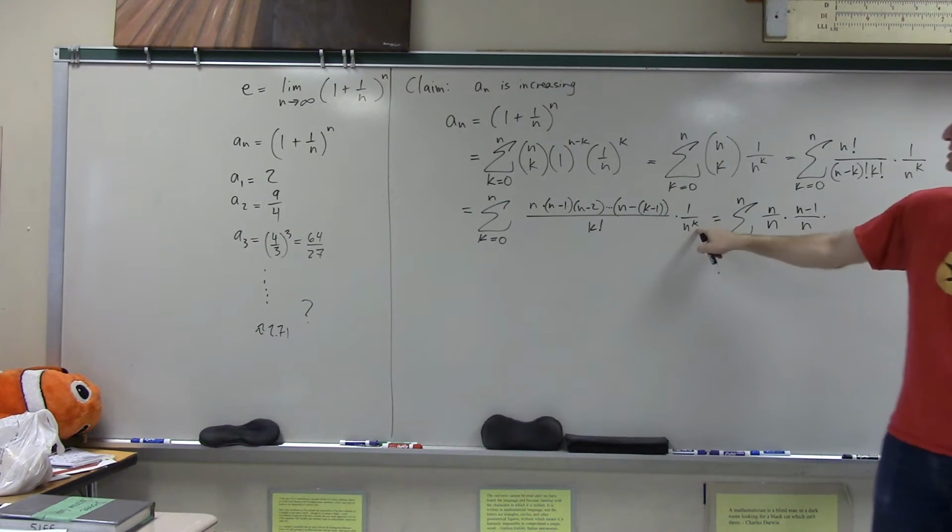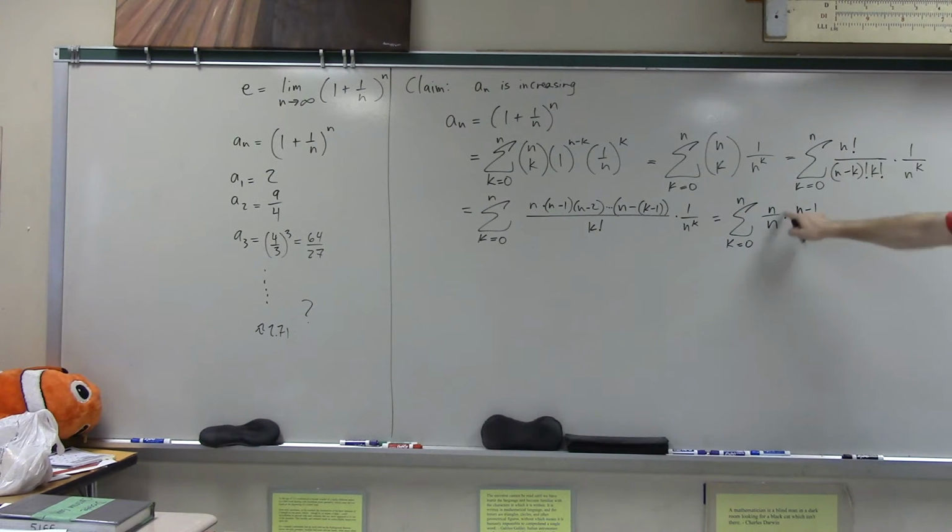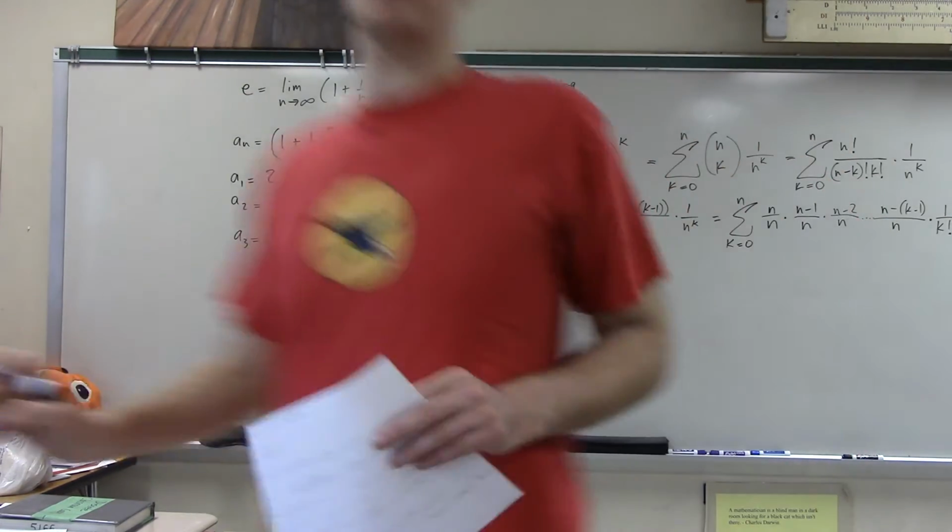Each of them matches one of the n's down here. So I have n over n, n minus 1 over n, n minus 2 over n, etc., all the way until we get to n minus k minus 1 over n, and then we still have the times 1 over k factorial.